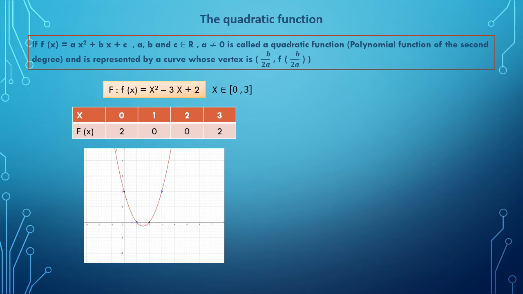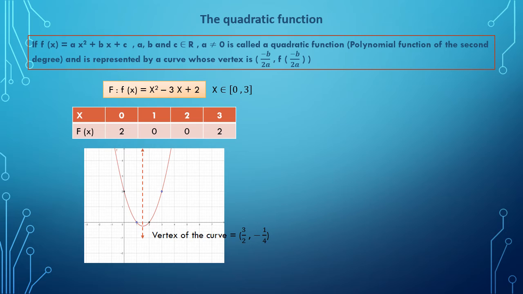Then we plot these points, then draw this parabola that we have in quadratic equations. Then we have the axis of symmetry, that divides the curve into two parts like each other. So this is the axis of symmetry, and this is the vertex of the curve, which is (3/2, -1/4).